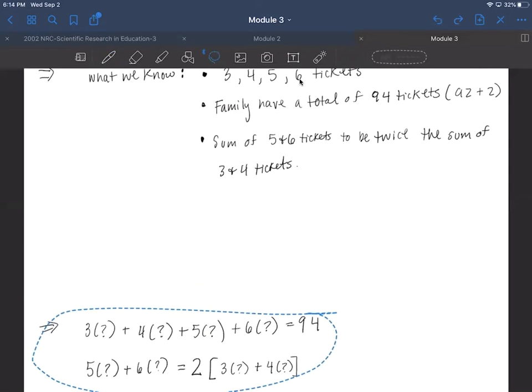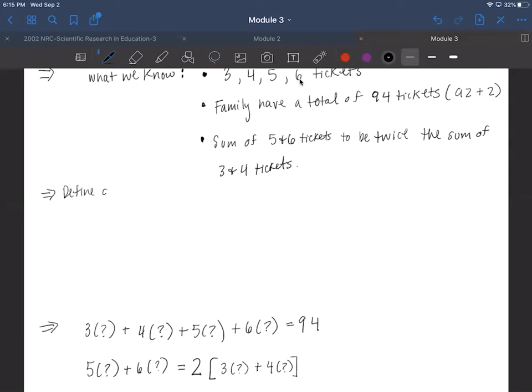So I'm going to take this and scoot it down just a little bit. I'm going to do something kind of important. Let's define our variables. Let's say W represents the number of 3 tickets purchased.